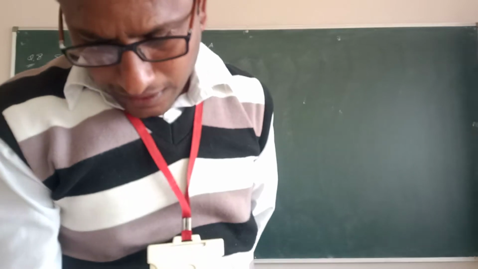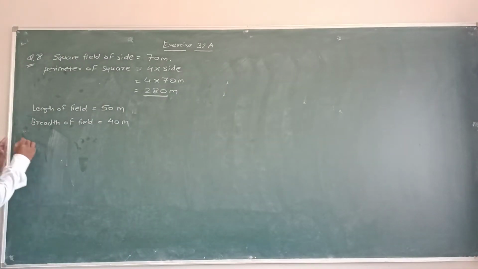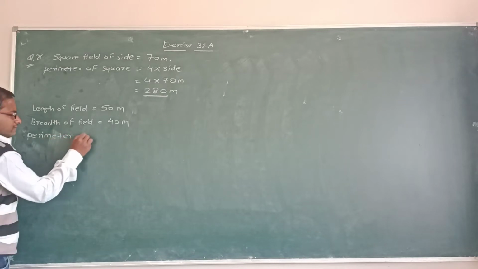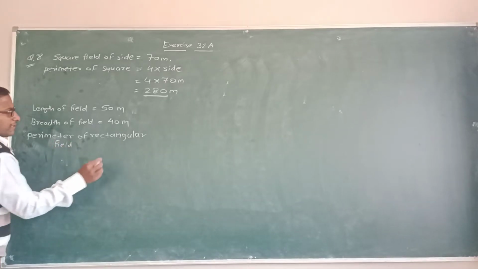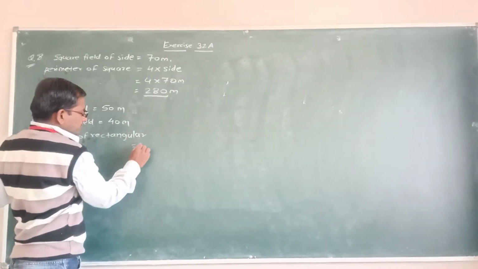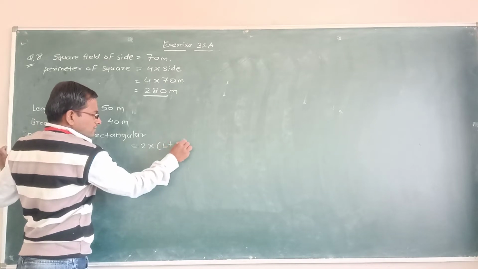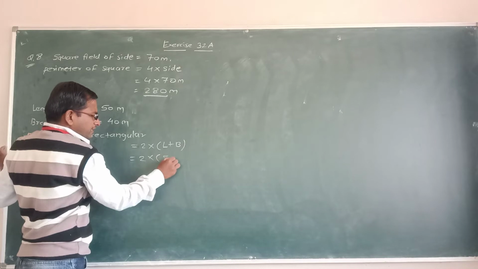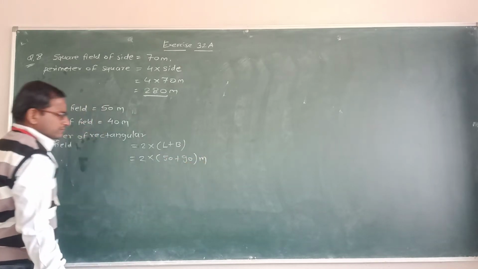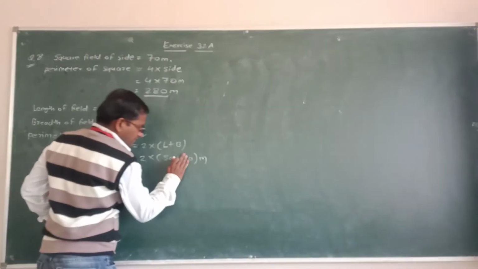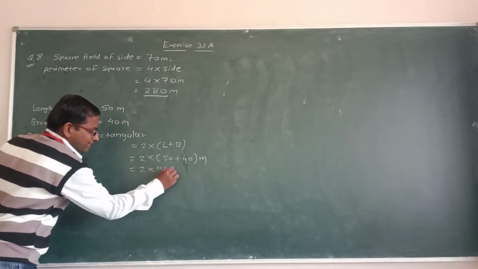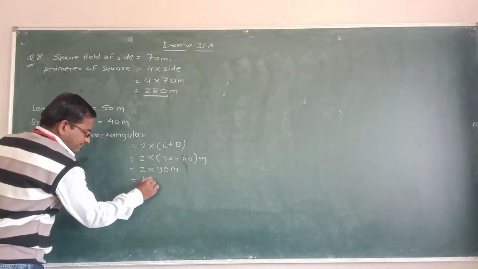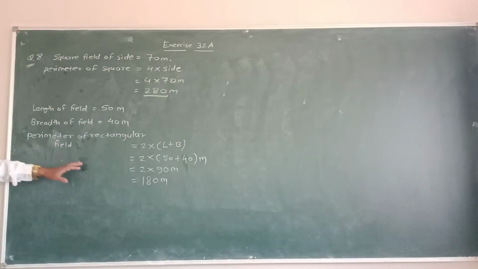Then perimeter of rectangular field is equal to 2 multiplied by (L plus B), is equal to 2 multiplied by (50 plus 40). 50 plus 40 is equal to 90 meter. 2 multiplied by 90 meter, then we get 180 meter. This is the perimeter of the rectangular field.